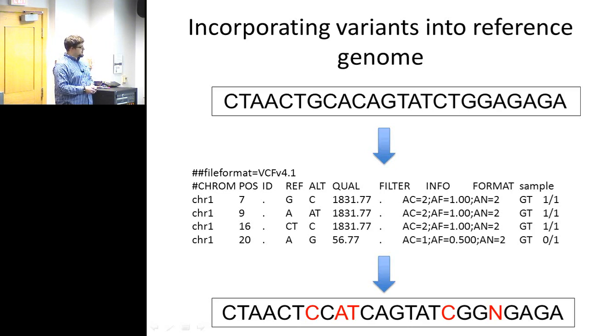This last case I'm highlighting actually in the metadata shows that this happens to be a heterozygous variant. So this is something in many of our analyses we would actually choose to mask. Instead of incorporating one of these variants randomly, we instead incorporate an N, as this can have drastic effects when using these genomes to quantify allele-specific expression.